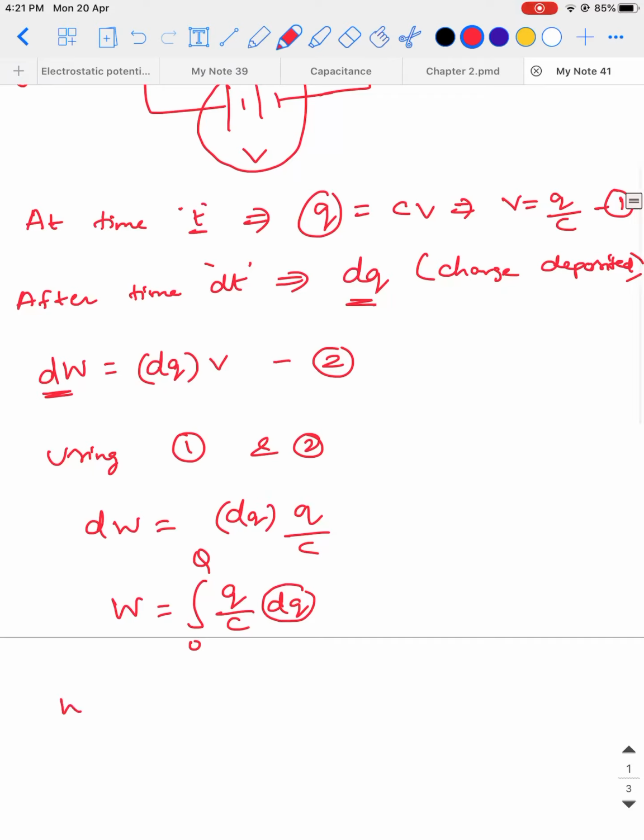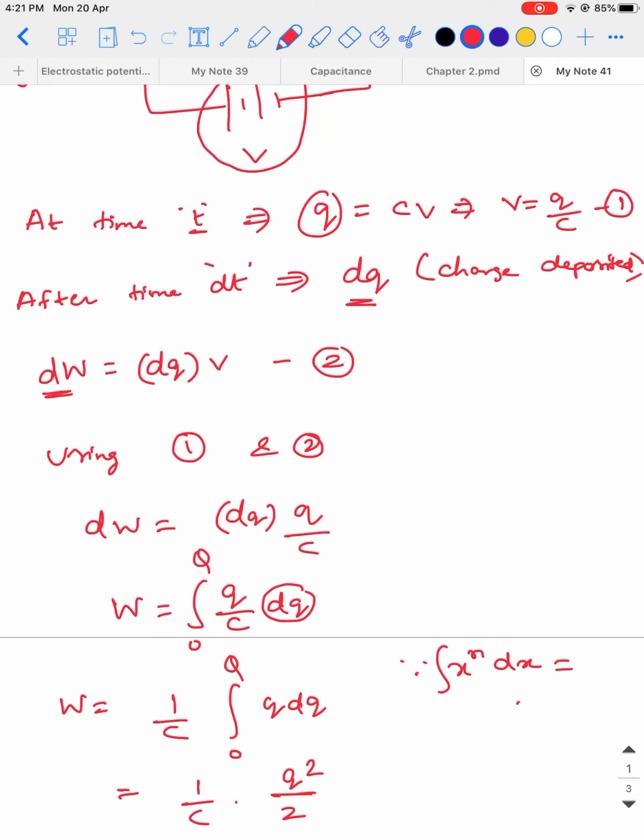Now integrating this, W will be equal to 1 by C into the integral of Q dq from 0 to capital Q. So this will be 1 by C into Q square divided by 2, since the integral of x power n dx is equal to x power n plus 1 divided by n plus 1.